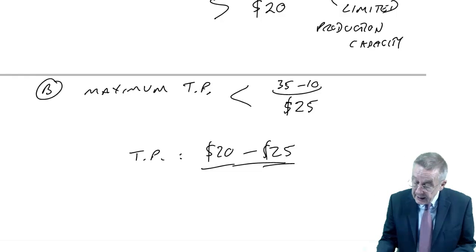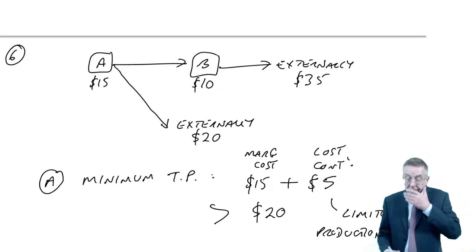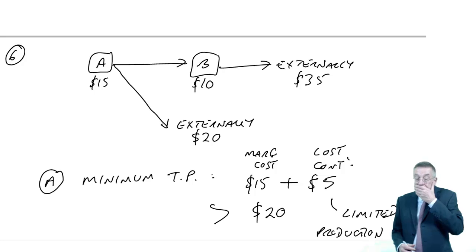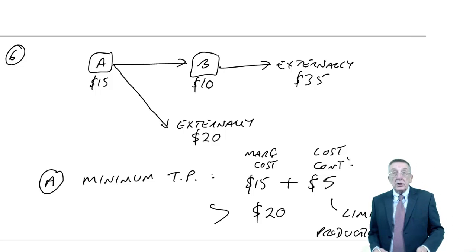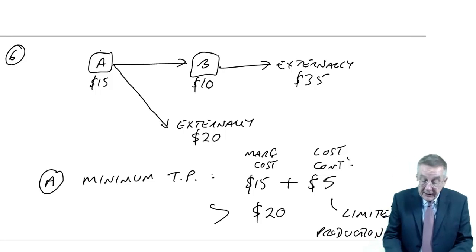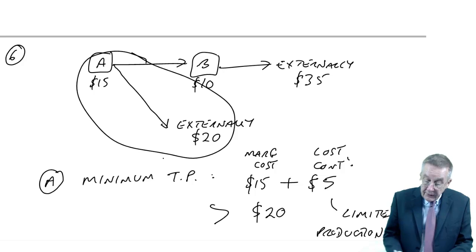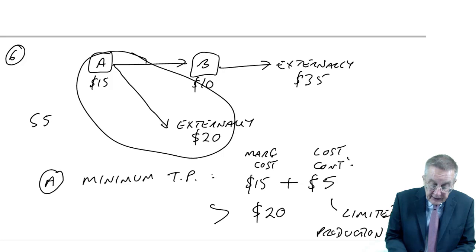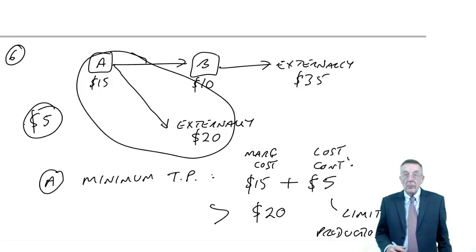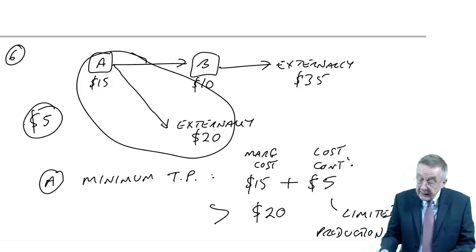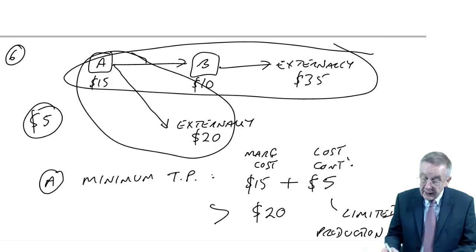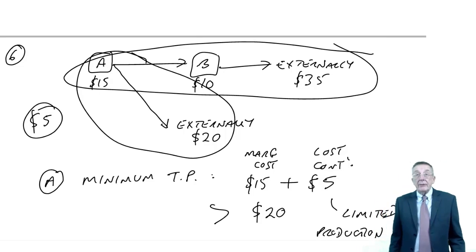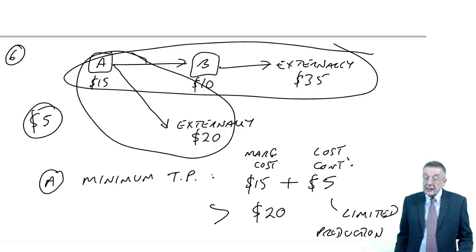And is that good for the company as a whole? A could have sold all their production externally, and if they did, the company as a whole would be making $5 a unit profit. Alternatively, if it's the right transfer price, A could sell everything to B, and B sells externally.